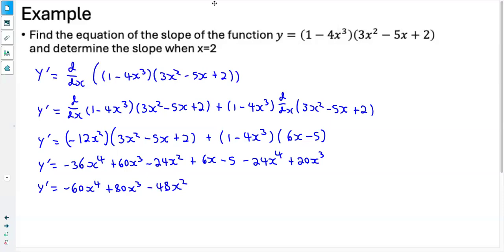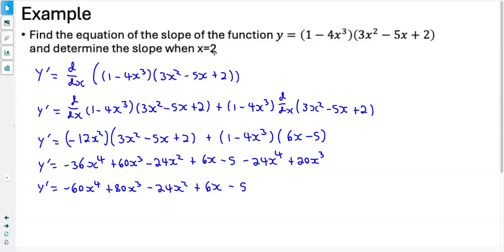Oops, sorry, I just realized I misread something. So we had negative 24x squared, but that was our only x squared. So we have negative 24x squared. And the other was x to the power 4, which we already dealt with. Next, we've got plus 6x and then minus 5. So this would be our equation of the slope of this function.